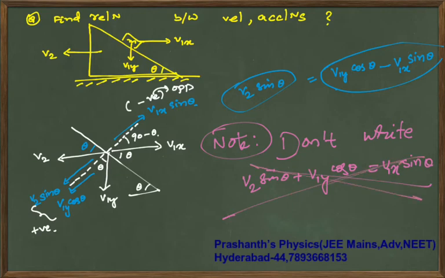You have to take one body's velocity and equate it to the other body's velocity in that particular direction. So here I am taking the downward part of the perpendicular, not the upward part. So don't equate it to 0 that way. You should make them equal in the same direction. Do not write this. Often children get confused and they get wrong answers.